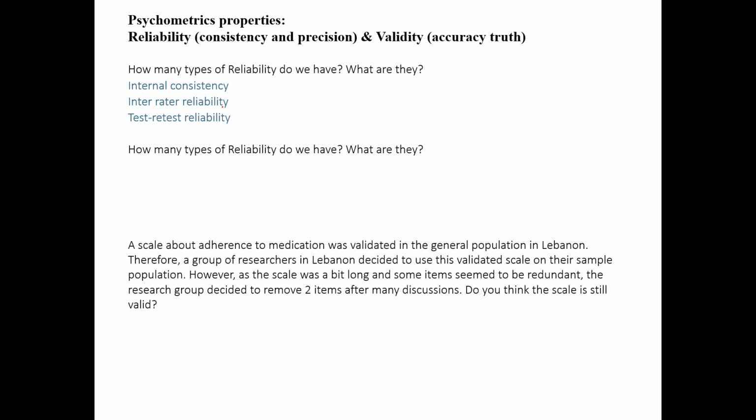For example, let's say that I'm doing a systematic review. I don't know if some of you took a course about systematic reviews, but let's say this. Now, this is not about psychometrics, but I'm just giving an example in a context outside of a scale. So I'm doing a systematic review. I have to go over 50 article abstracts and do title screening to make sure whether these articles are included or not included in my review.